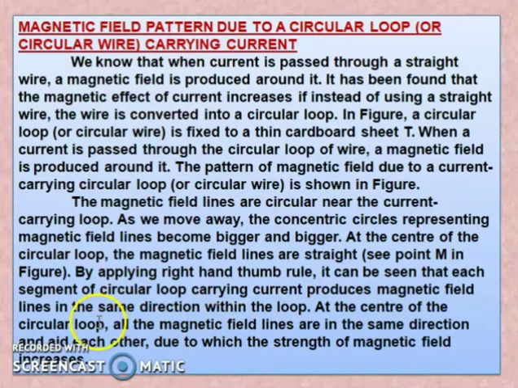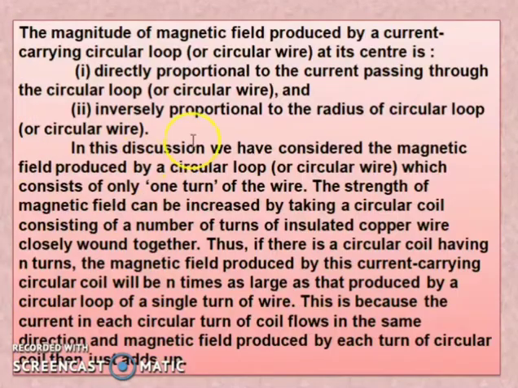At the center of the circular loop, all the magnetic field lines are in the same direction. They add to each other, due to which the strength of the magnetic field is increased.